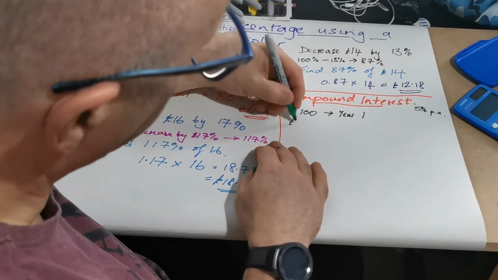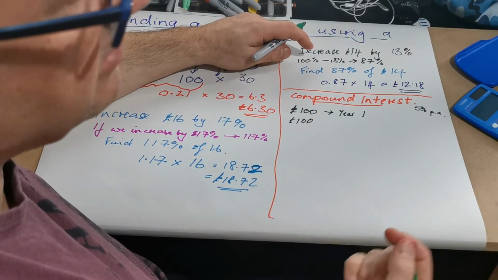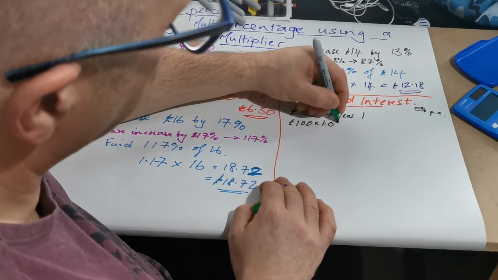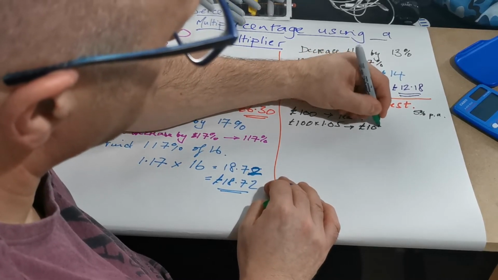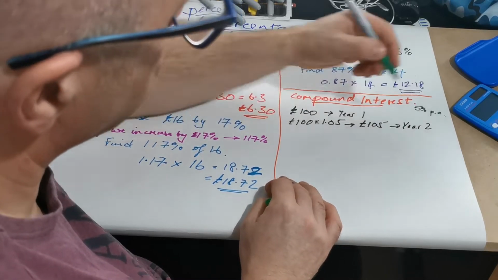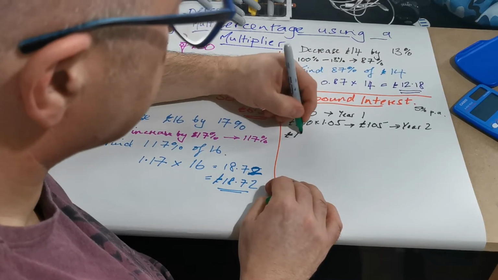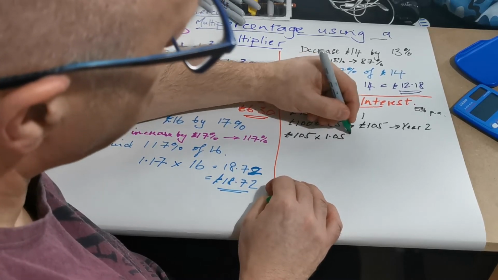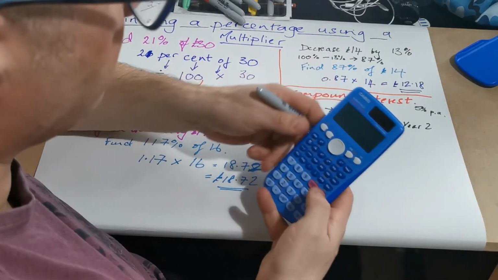For year 2, to add 5% on, I'm going to find 105%. That means I'm going to times by 1.05, which would give me £105, which is what you would have at the start of year 2. And then, because I started year 2 with £105, I then need to times 1.05 again for the end of year 2.